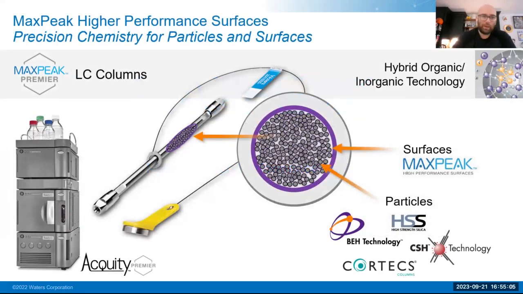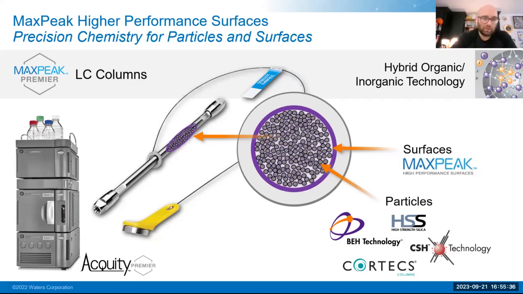So when we look at what MaxPeak is, it is an engineered surface. This is not a modification to the chemistry itself. We still have the standard particles that are tried and true, BEH, CSH, HSS, that you would expect. So all of our actual particles are unmodified. But what we have done is modify and engineer the surface, in purple that you'll see there, the internal surface of the column itself, to minimize the interactions with that hardware.